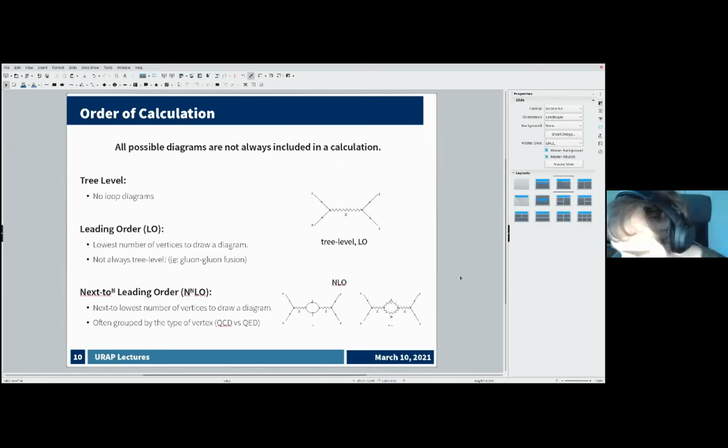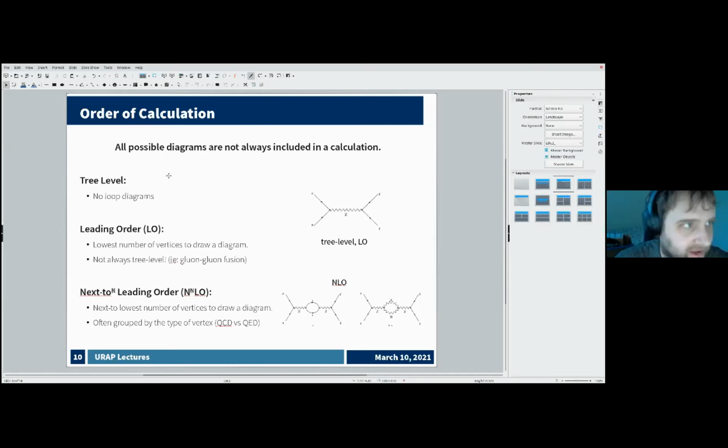Okay, the other thing that I think is worth mentioning is the order of calculation. These are just some terms that you will see when you're presented with Feynman diagrams. This is to say that not all possible diagrams are always included in a given calculation, and that is just a computational statement.